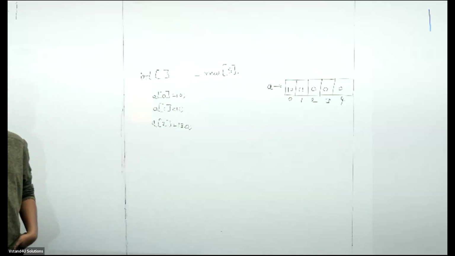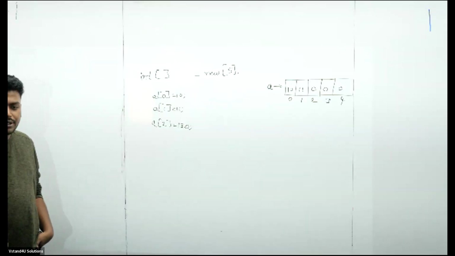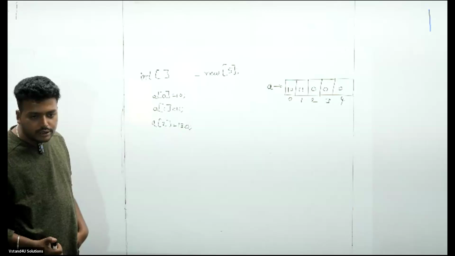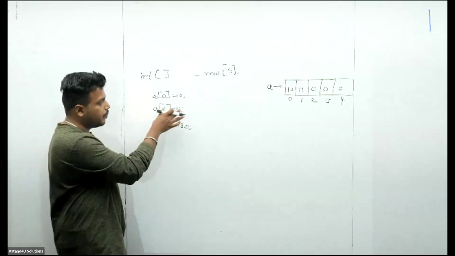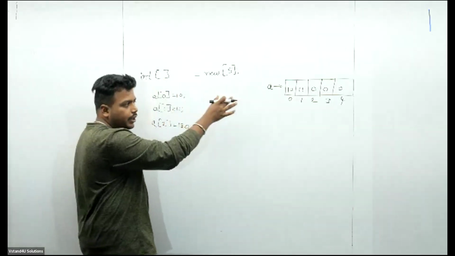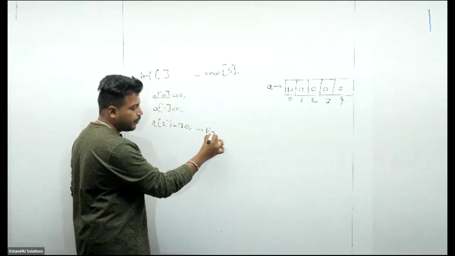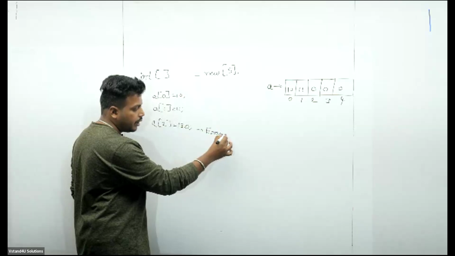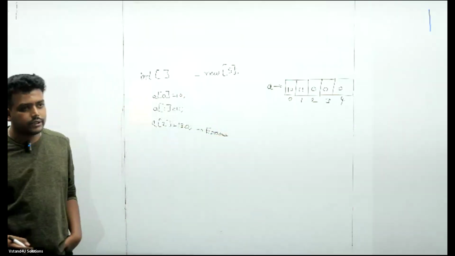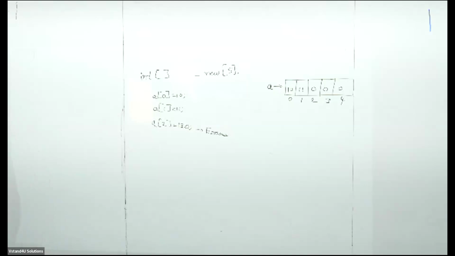Why? Because array is homogeneous. If I pass int, it should be integer values only. Now take the first point: array is a homogeneous collection of data. Arrays can only store homogeneous data.